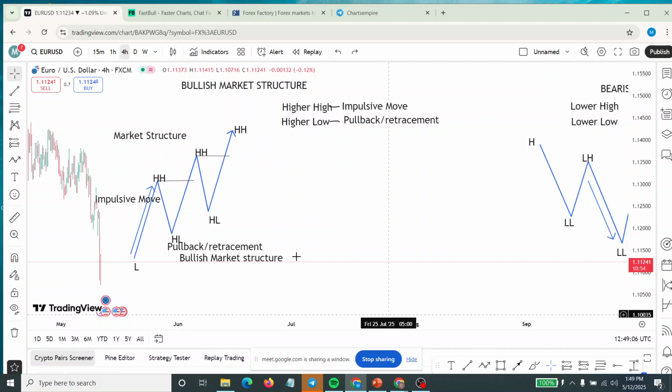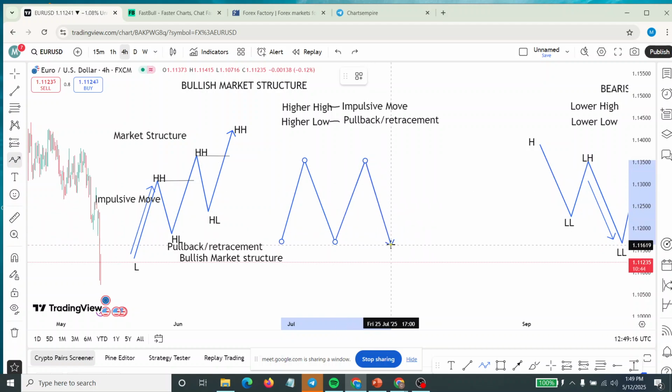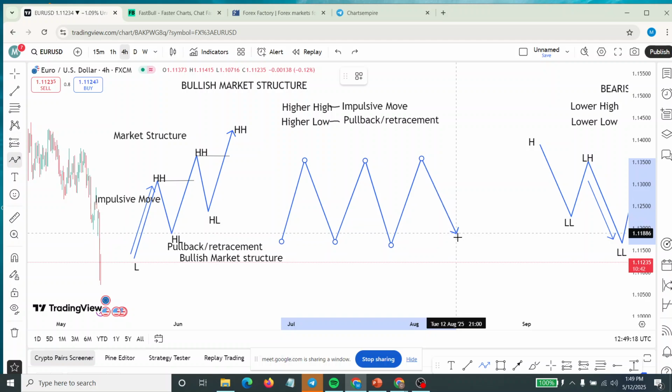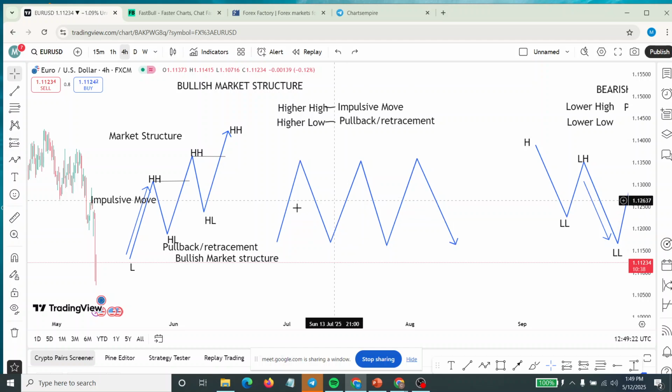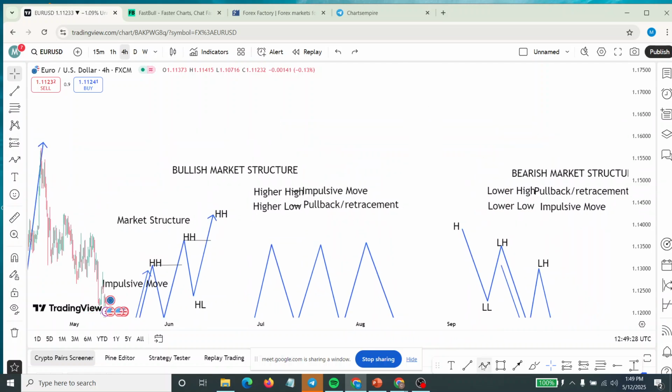In a scenario whereby we are not able to identify who is in control, that is where we have a sideways market, which is what we'll be looking deeply into in the next class. In sideways markets, there are also three things you need to know.